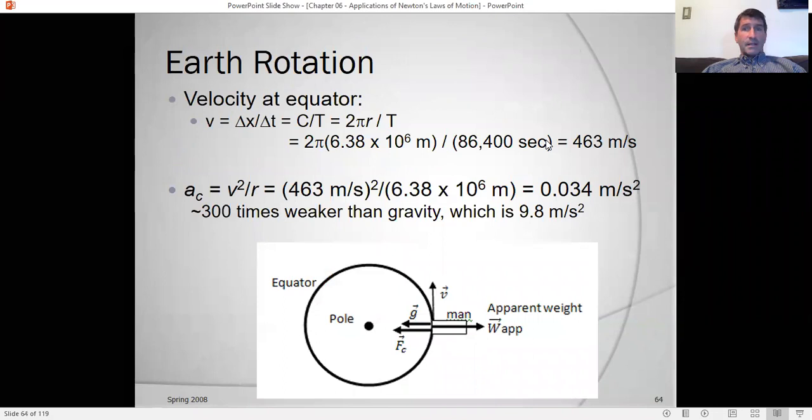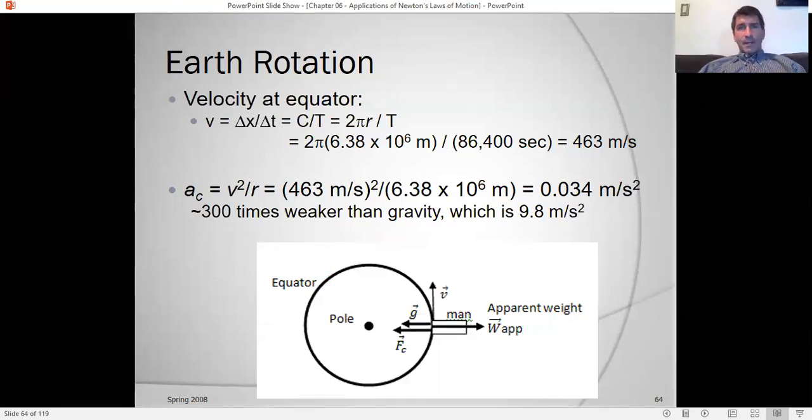And again, we can actually calculate this acceleration. It's very, very small. The acceleration of gravity is 9.8 meters per second squared. Here, you only lose like 3/100ths of a meter per second squared. So the effect at the equator due to the centripetal force is actually about 1 in 300, about 0.3%.